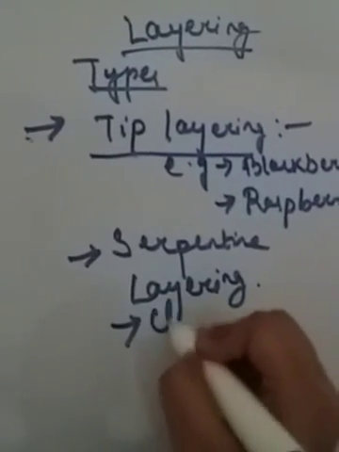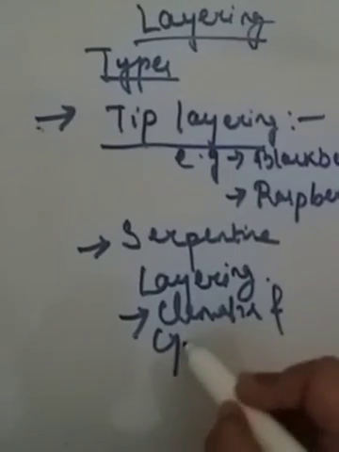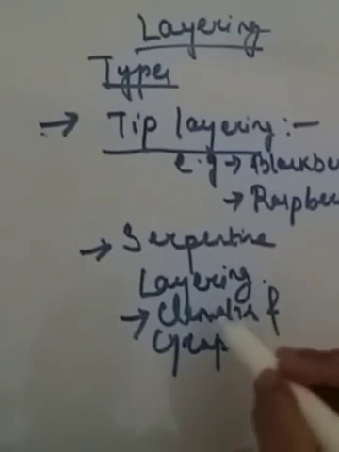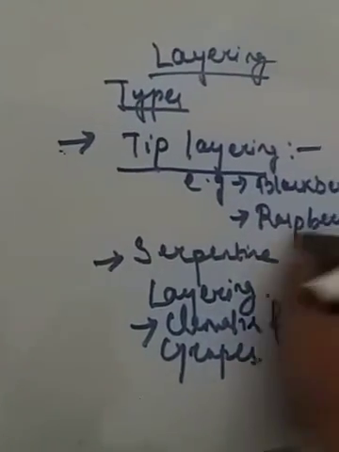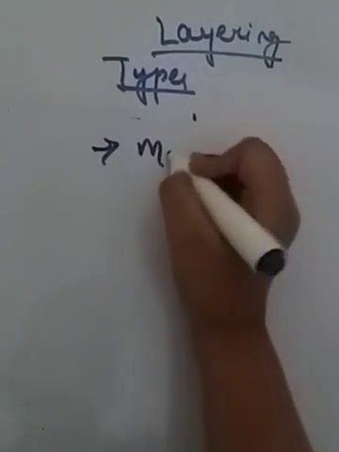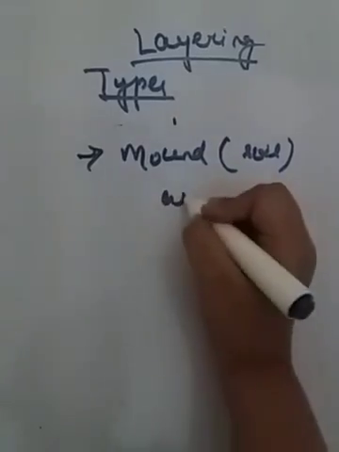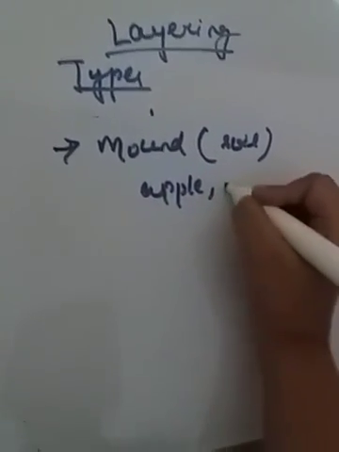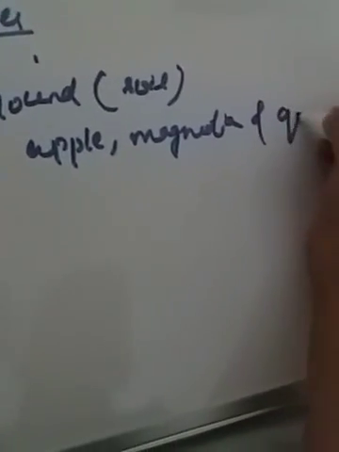Examples are clematis and grapes. Then mound layering or soil layering. Examples are apple, magnolia and quince.